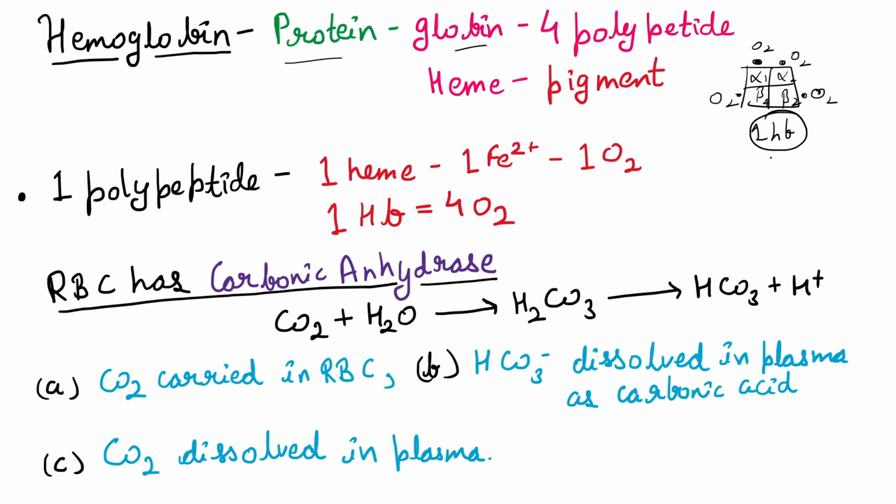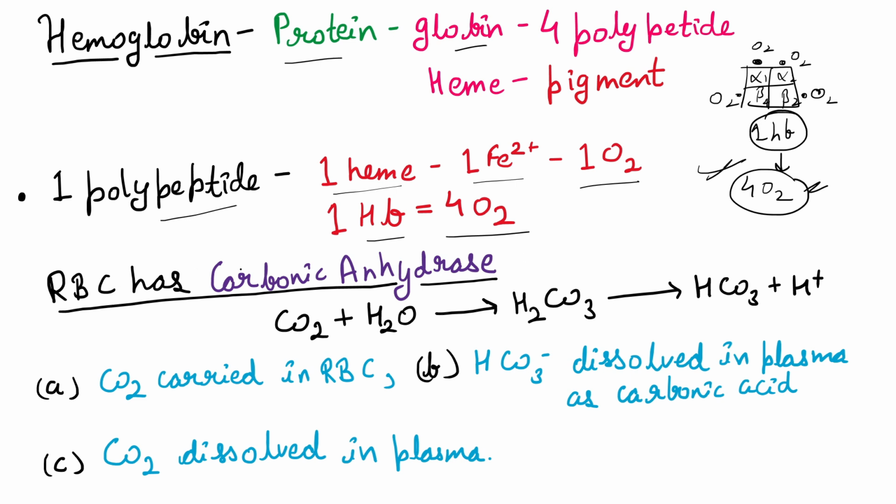So that means 1 Hb can hold or carry 4 O2 molecules. So each polypeptide chain consists of 1 heme, 1 iron and 1 oxygen. 1 hemoglobin, as I already mentioned, will carry 4 oxygen molecules.